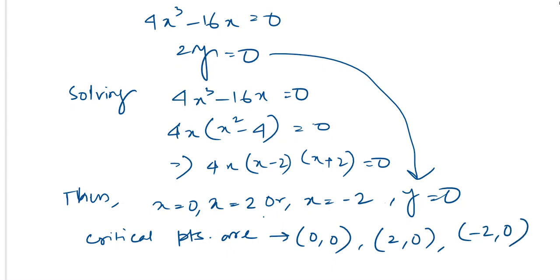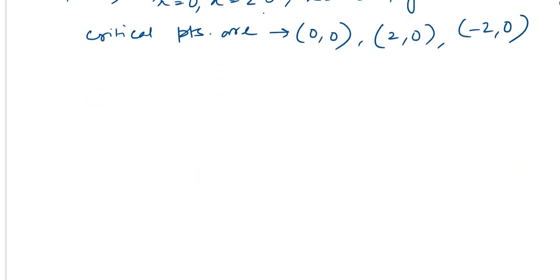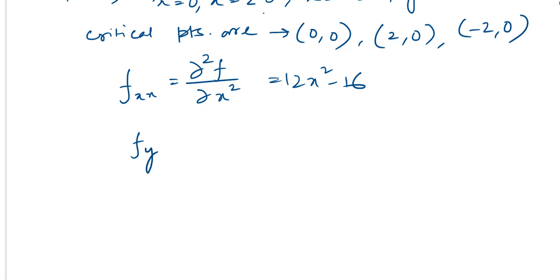Using step 2, the second derivative test, what will be the second derivatives? f of xx, del 2f by del x2, equals 12x square minus 16. f of yy, del 2f by del y2, equals 2.